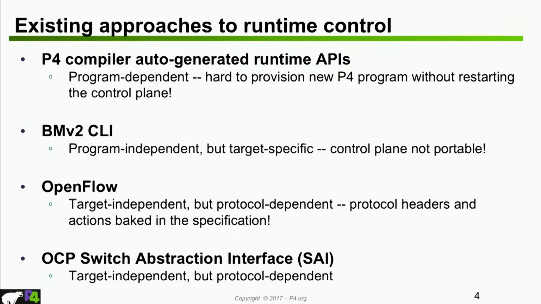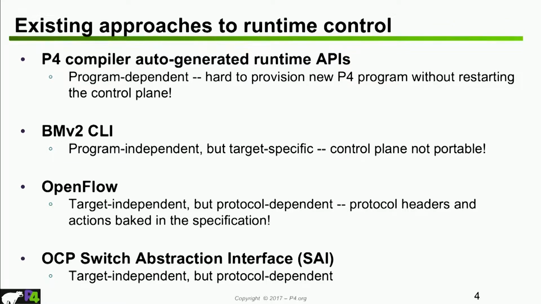Another alternative is the BMV2 CLI you saw in the previous exercise. This is program independent, but it's target specific. So the control plane you wrote that uses the BMV2 CLI is not portable to other targets. Then we have OpenFlow, and OpenFlow was initially created to be target independent. But the problem of OpenFlow is that this is protocol dependent, so the headers and actions are actually baked in the specification.